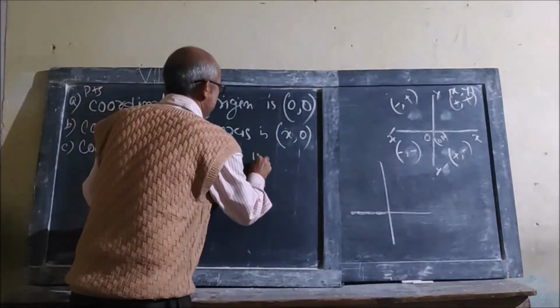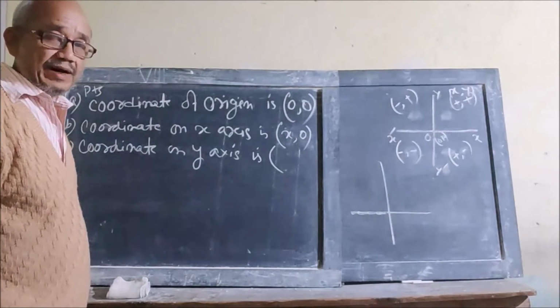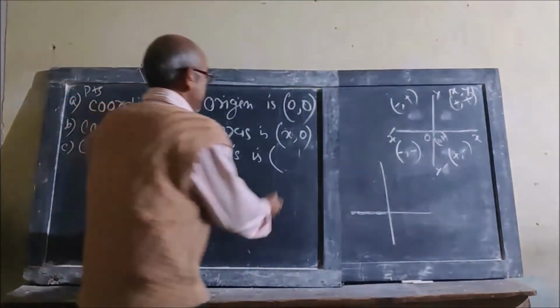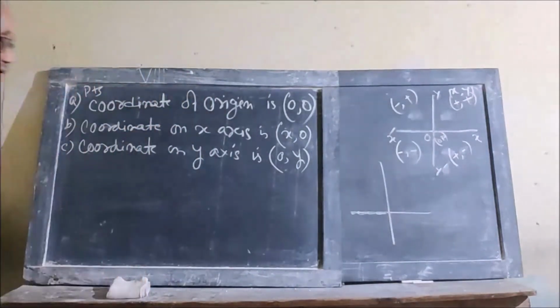The coordinate on the y-axis means y is present, x is absent.